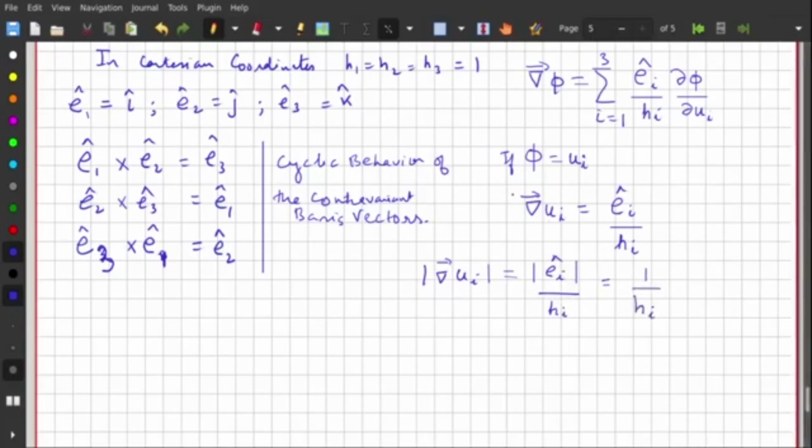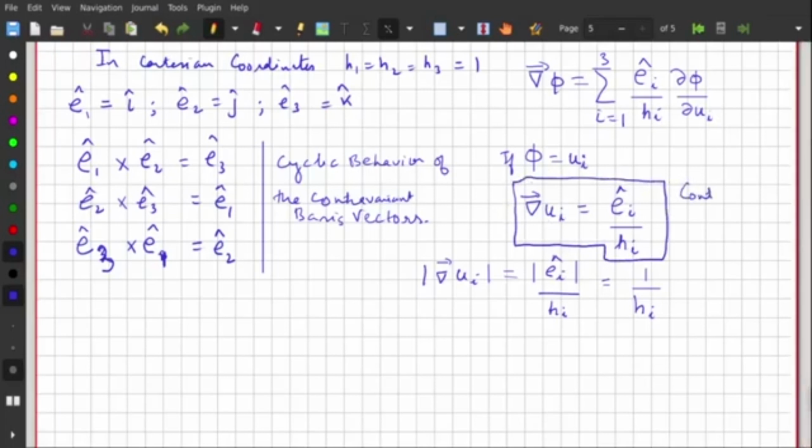So this is a very important expression that we got, and you see this relates somehow the contravariant components with the covariant components.